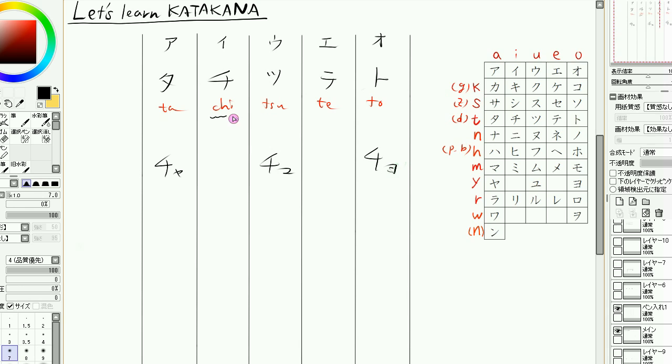But since this character is chi, it was just cha, chu, cho. But don't we need maybe this kind of sound? T plus YA. It may be tia. It's pretty difficult to pronounce. And this will be tu, and this will be tio.